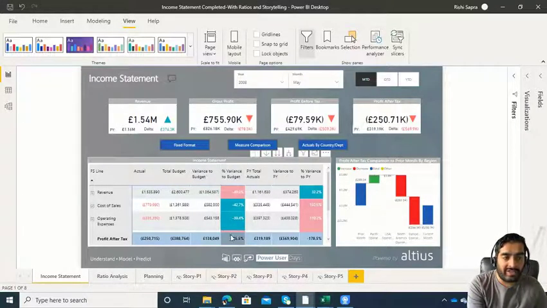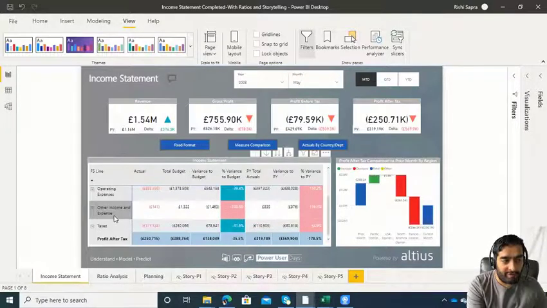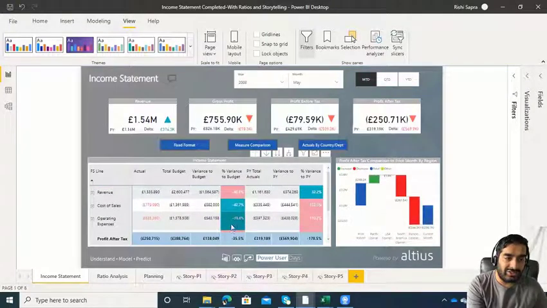For the income statement, we had to apply some conditional formatting that was slightly more complicated because some of those could depend, right? So if it's cost of sales, or if it's a cost number, if that's gone down, that's good. So what we needed to do here, on the conditional formatting, is look at the sign that's used. So we've got against a header or against the account lines, the sign that's used, and then we make a call on whether a positive or negative increase is good or bad.